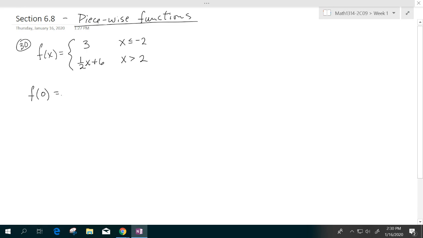So is 0 less than or equal to negative 2? Or is 0, why did I put positive 2? I'm so sorry. That should be negative. We were going to have a number that didn't fit either one. Is 0 greater than negative 2? That's true, right? And so that means that this x is going to plug into this piece, and I'm going to need to work that out.